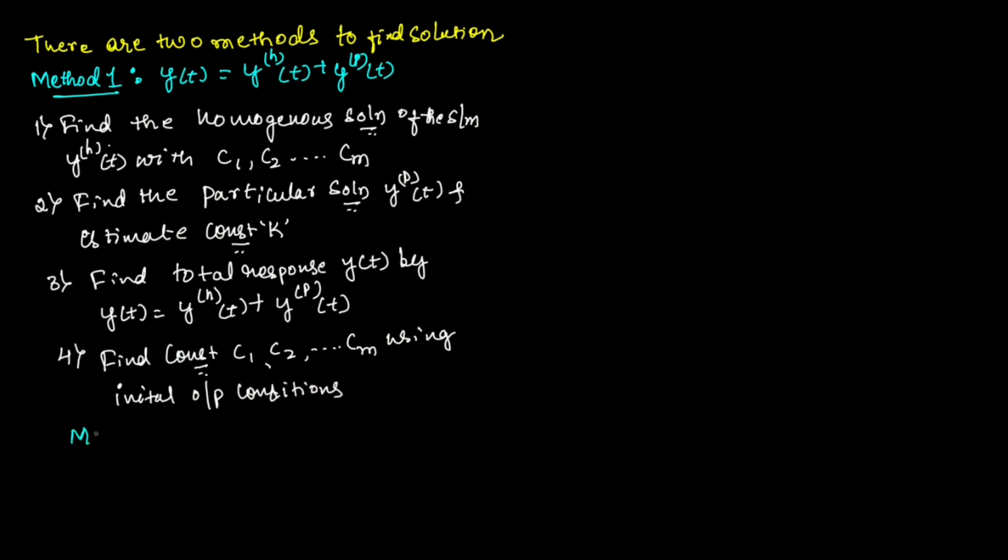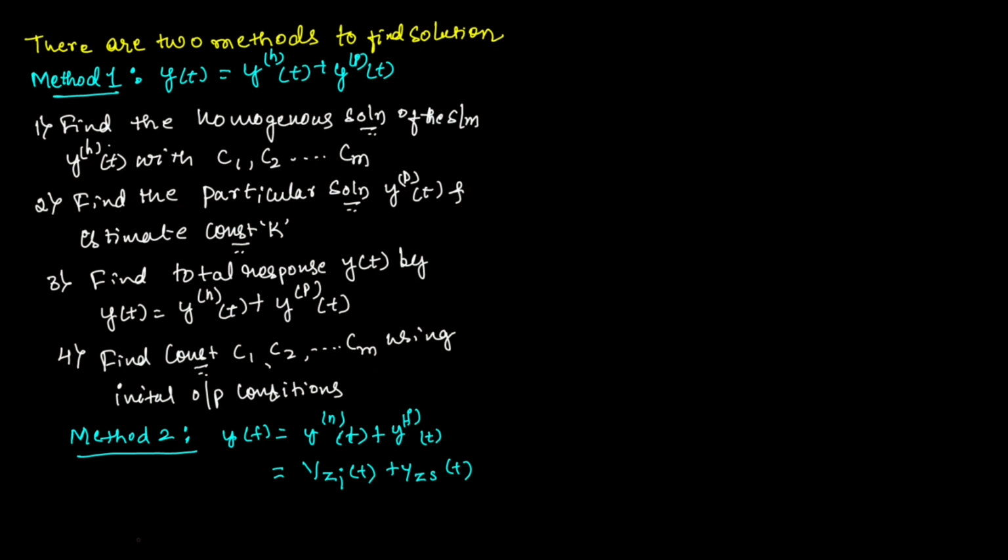Now method 2, let us consider y of t is equal to yn of t plus yf of t. So this can be written as yzi of t plus yzs of t. In method 2, the first step is to find the homogeneous solution with constants c1, c2 and so on up to cm.